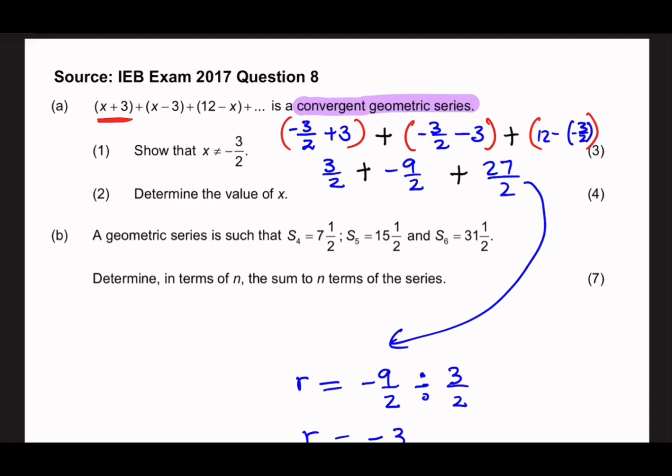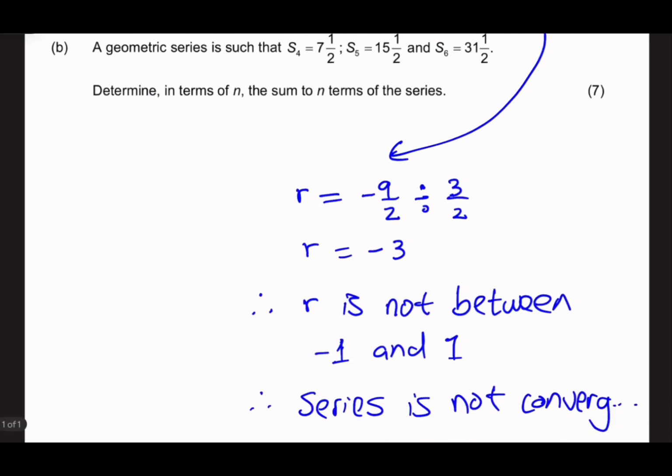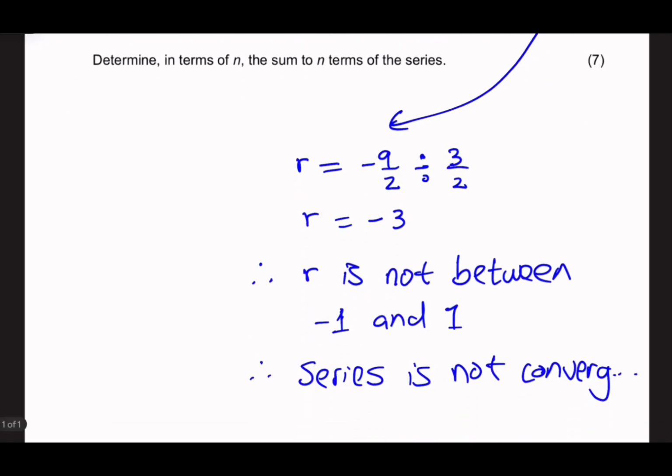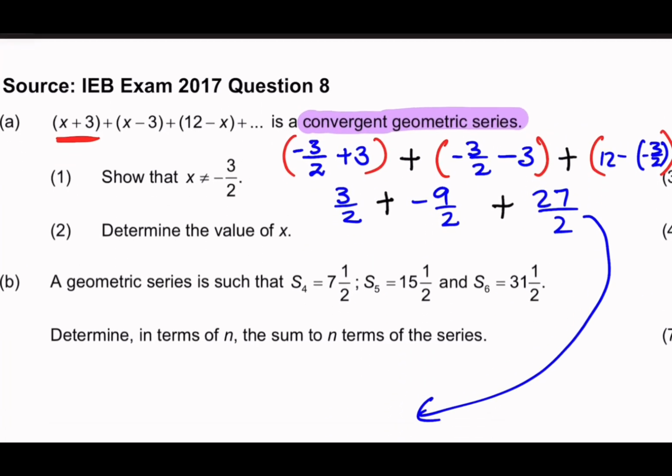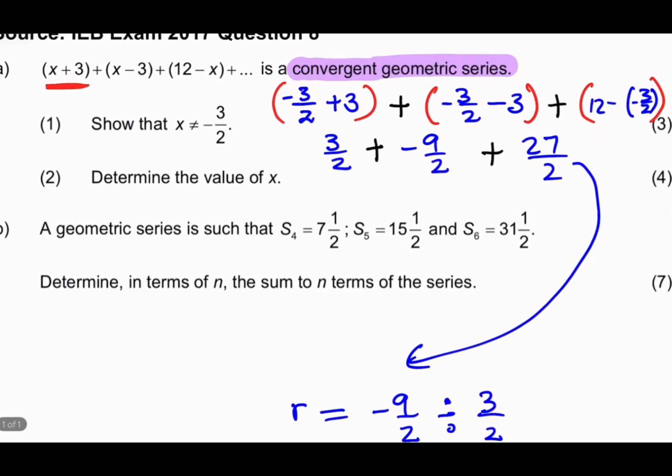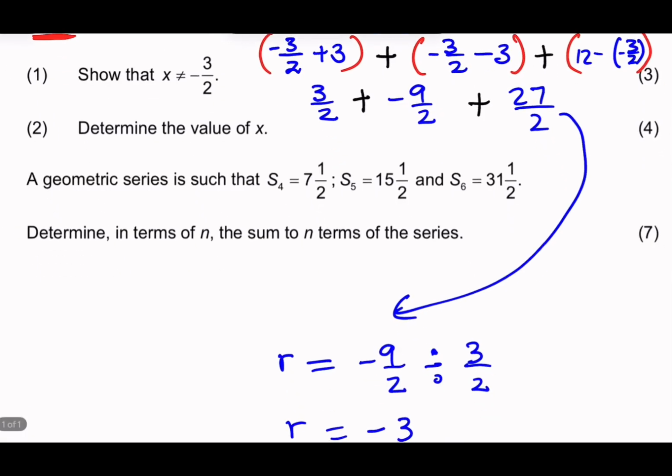We just proved that if we allowed it to be that, then our r will suddenly not be between negative 1 and 1, and that will violate our condition that this was meant to be a convergent geometric series. So that took a little bit of an explanation for A1, but A2 shouldn't take too long. I think we should run through that quickly.